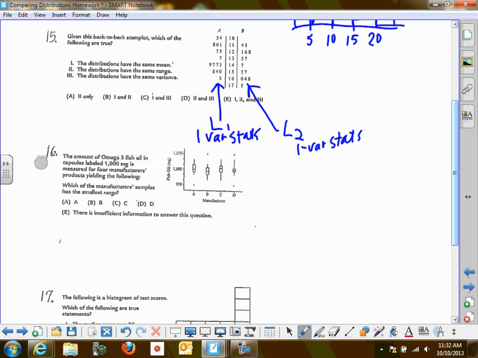So the means ended up not being the same. The ranges were the same, the high minus the low. And then the variance, which is the standard deviation squared, were not the same. So therefore, 2 only.